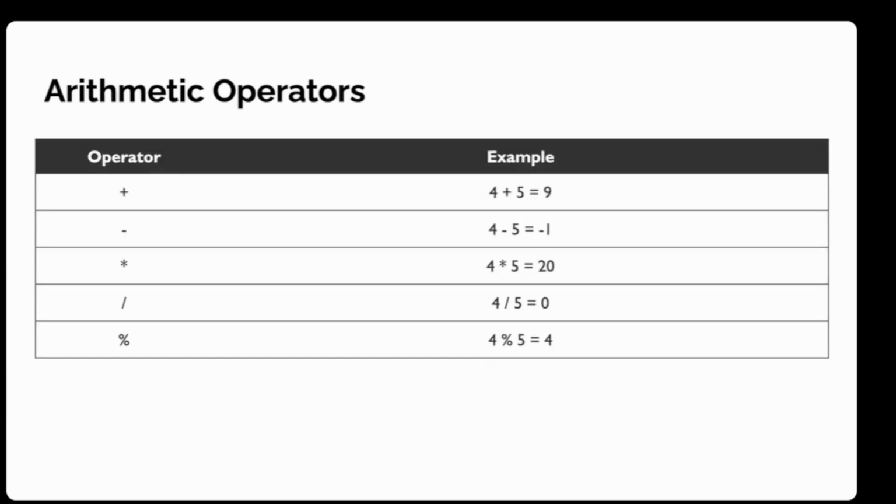One more thing to note: when you use division in C++, your answer will be truncated. So 4 divided by 5 is 0.8, but it'll be truncated to an integer. It can't give 0.8, so it'll give 0, even though rounding up is 1. So keep that in mind.